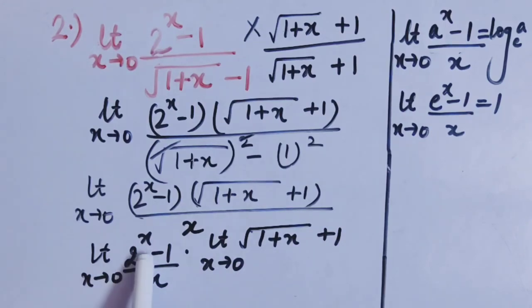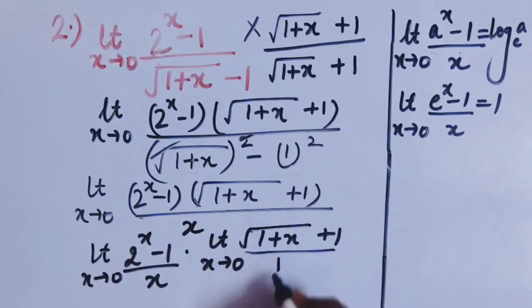Now what will I get from here? If I follow the standard limit, I will get from here log to the base e, so exactly it means I am going to get log 2. Log 2 into, now see here, the denominator is 1. So can we directly substitute the value? Yes, exactly, we can substitute the value. So what did we get from here?